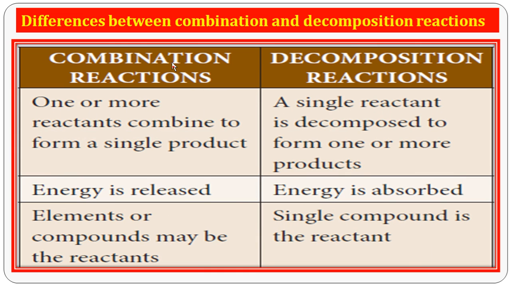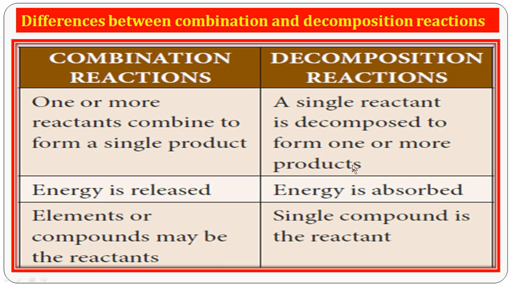First one, combination reactions. One or more reactants combine to form a single product. Hydrogen combines with chlorine to form hydrogen chloride. Then decomposition reactions, a single reactant is decomposed to form one or more products.